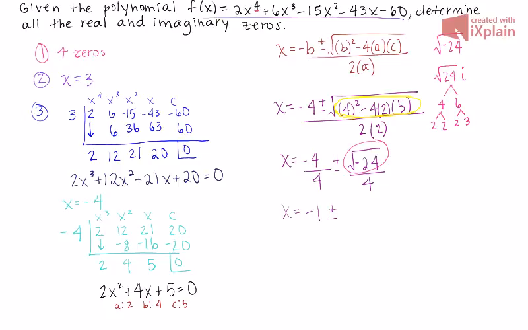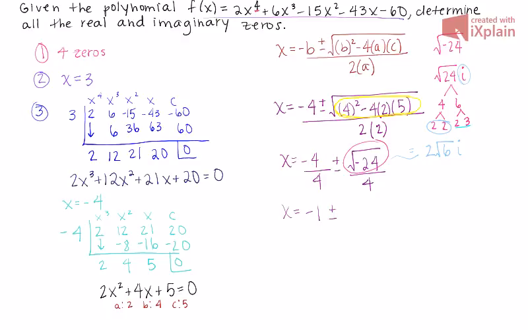I found one pair, so that means my pair that I found will go out on the outside, and since 2 and 3 did not find a pair, they must stay underneath, and I could just multiply those back together to 6. And I cannot forget about that i that I pulled out. So square root of -24 is equal to 2 root 6 i.